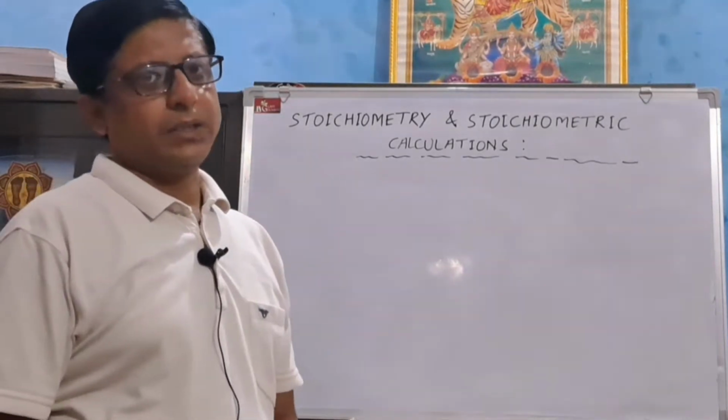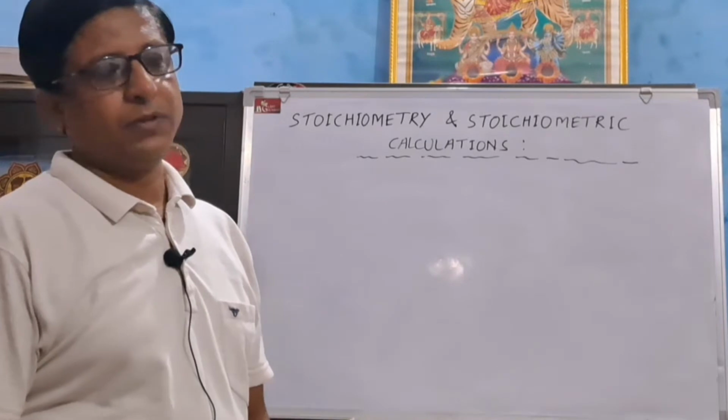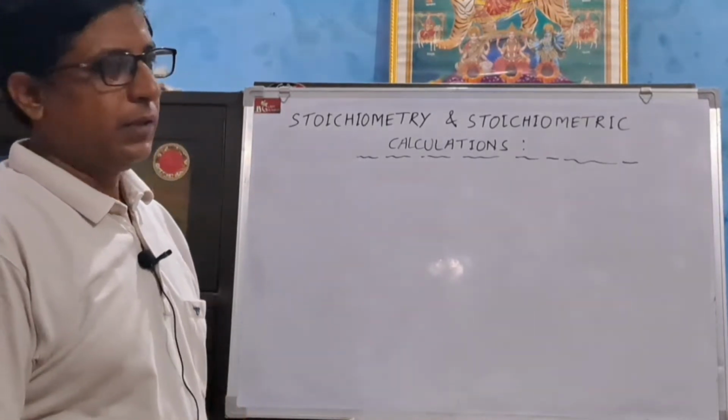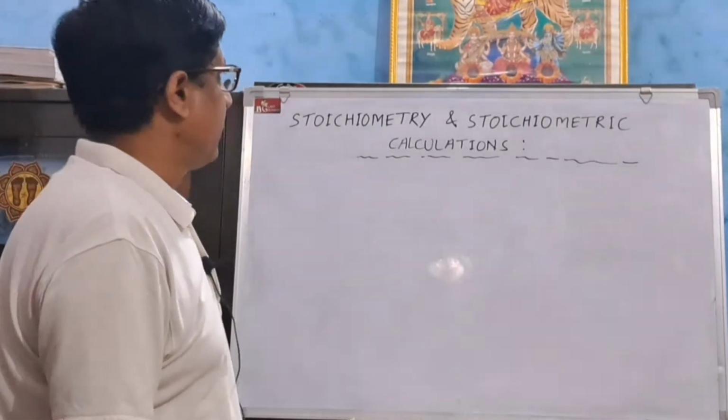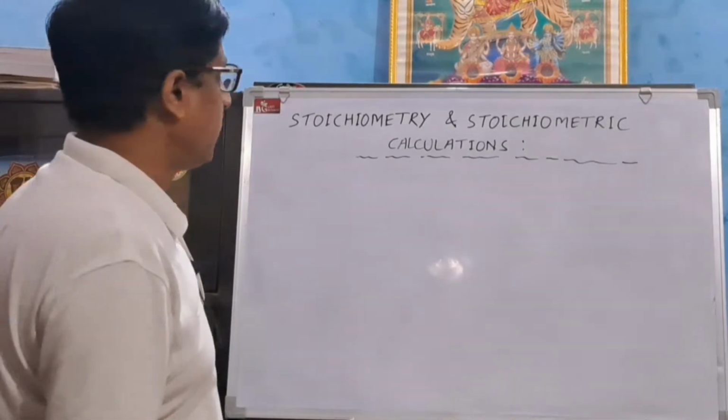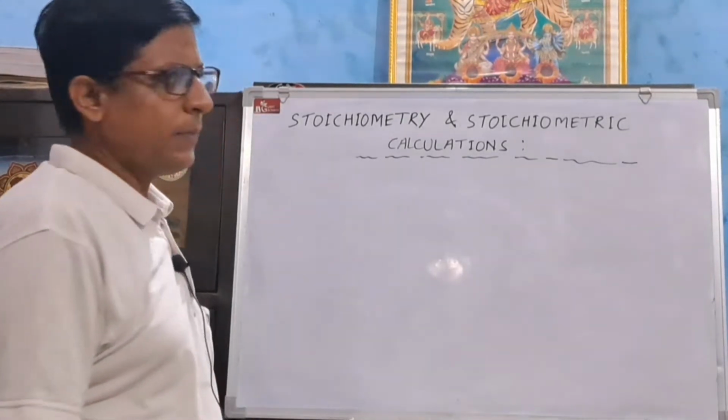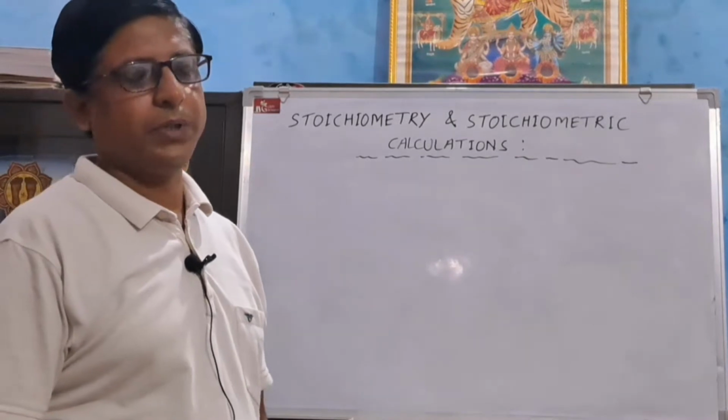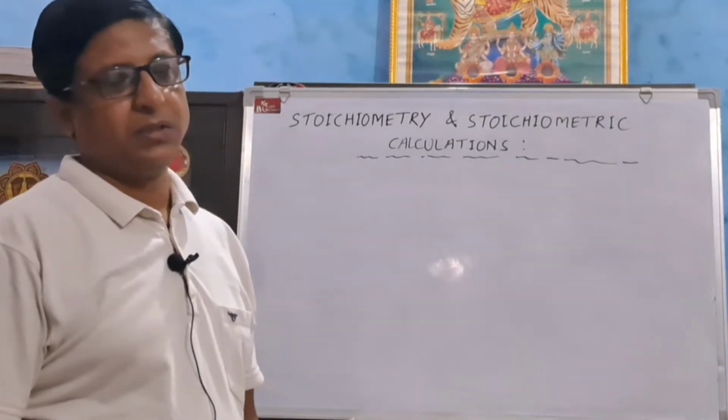The word stoichiometry is derived from a Greek word which is formed by a Greek word stoichion, which means element, and metron, which means measurement.